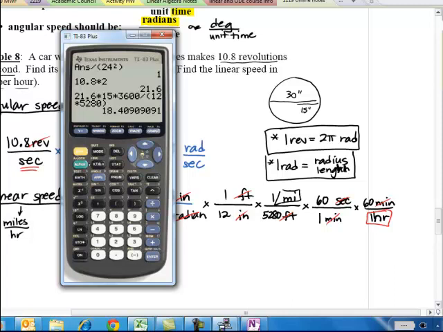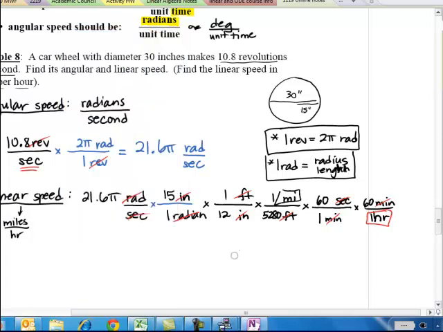And I'm going to get that as a fraction. 405 over 22 pi, we still had in there too, miles per hour.